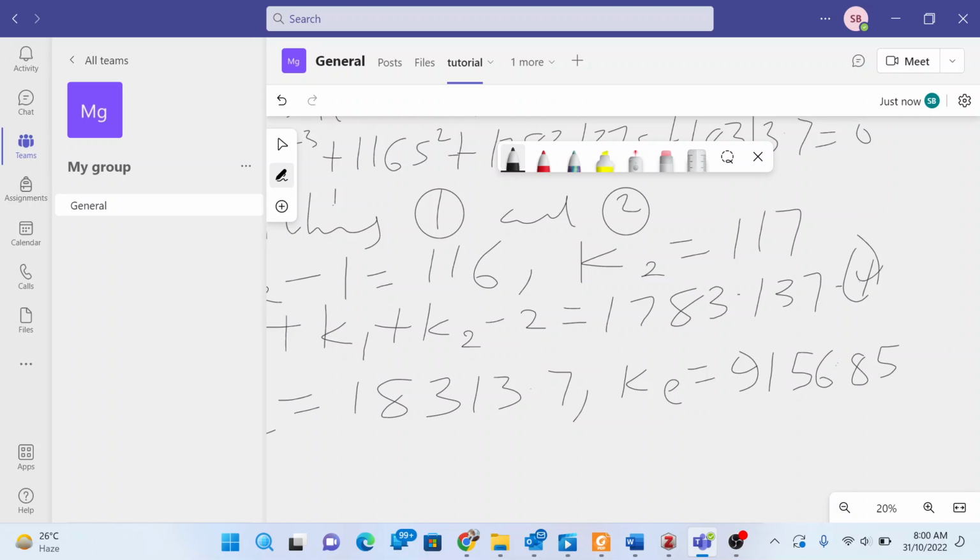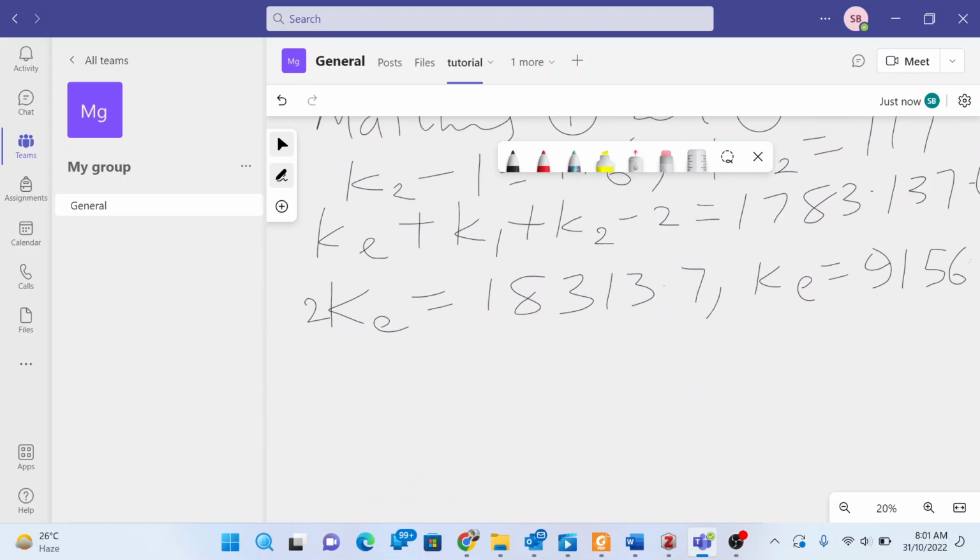Okay, so now that we have obtained ke, we have also obtained k2. So from that equation 4 we can get k1. So let's go and get k1.